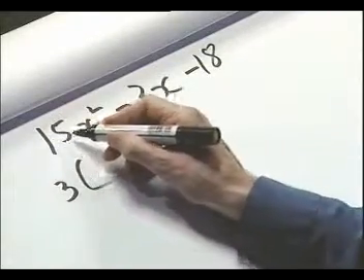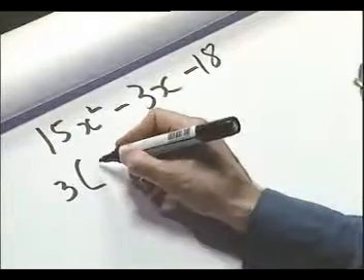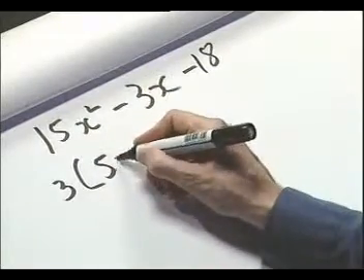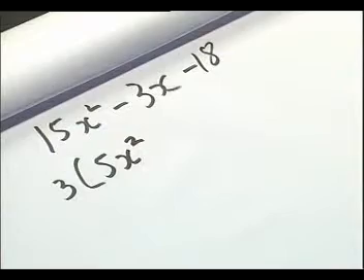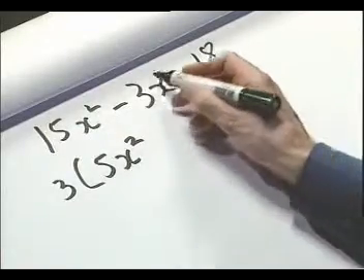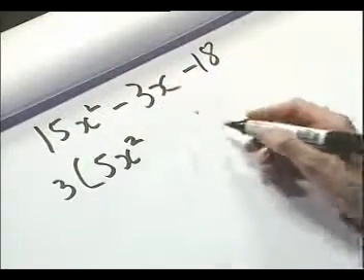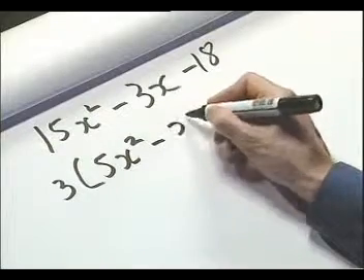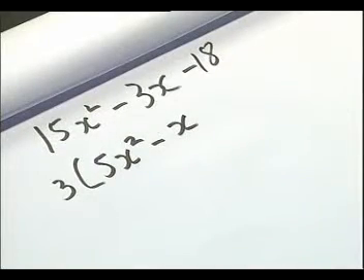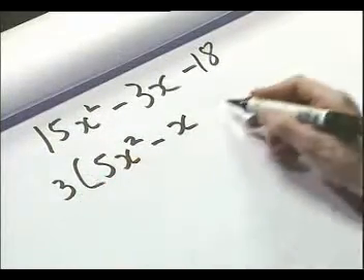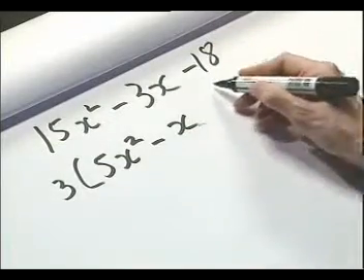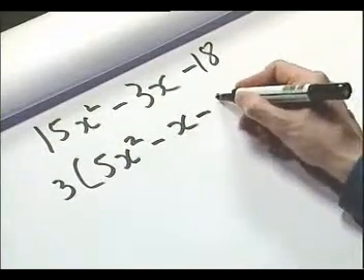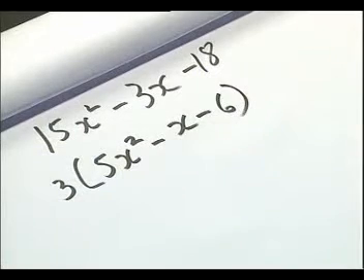So we'll take the 3 out. 3 times by something has to give us 15x squared. So 3 times by 5x squared will do that. 3 times by something has to give us minus 3x. So 3 times by minus x will do that. 3 times by something has to give us minus 18, and so minus 6 will do that.